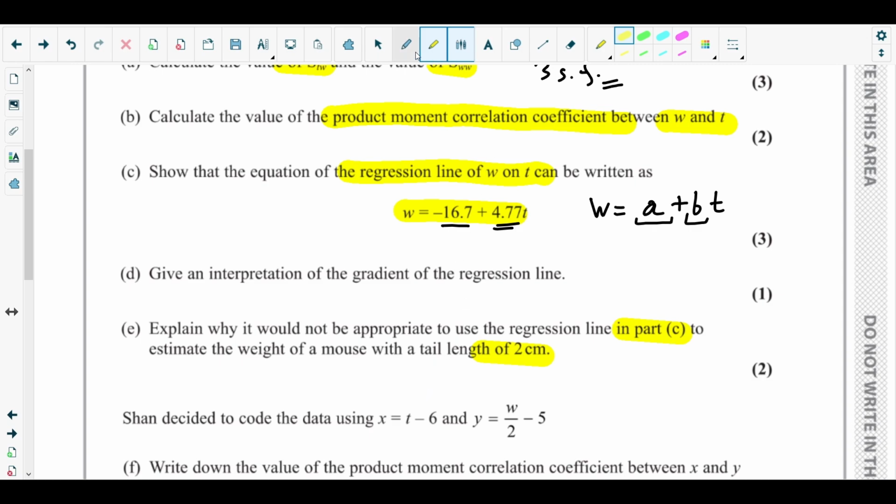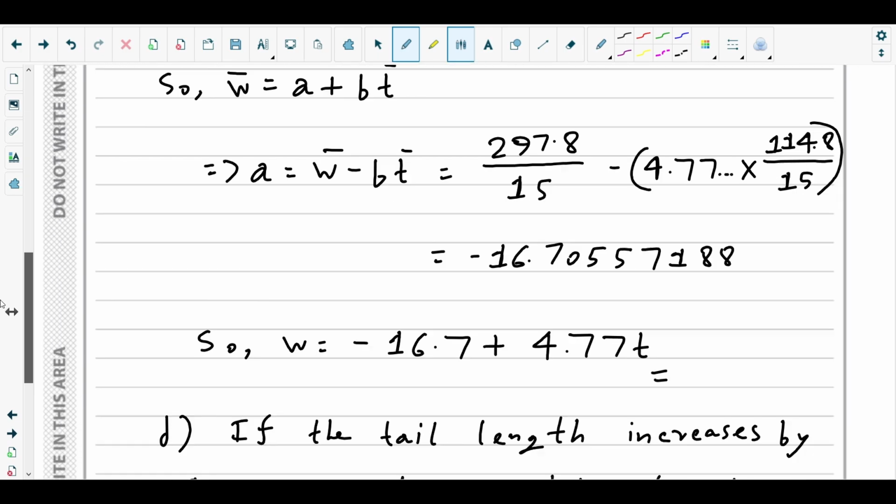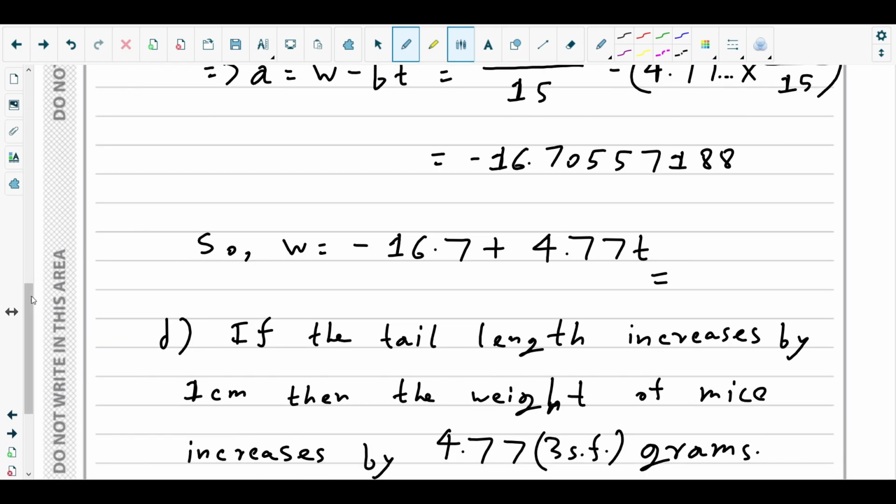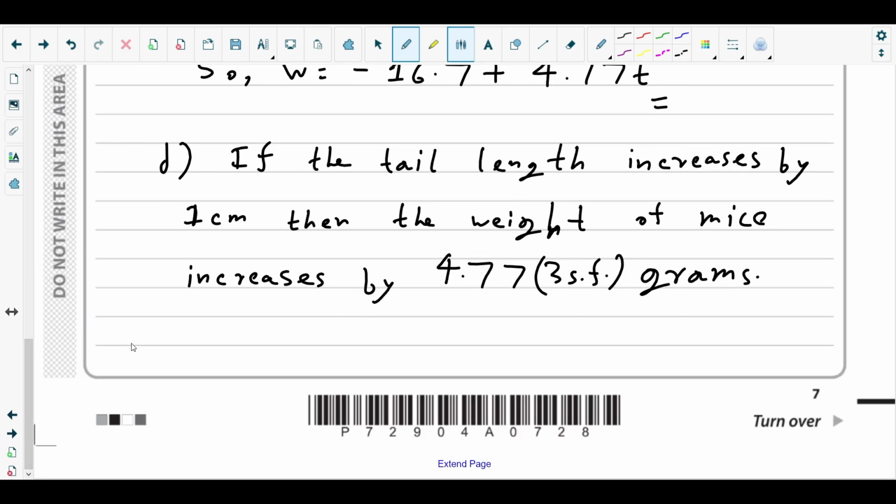Let's put t equals 2. If tail length is 2 centimeters, then t would be 2, right? If t equals 2, then what's the value for the weight?